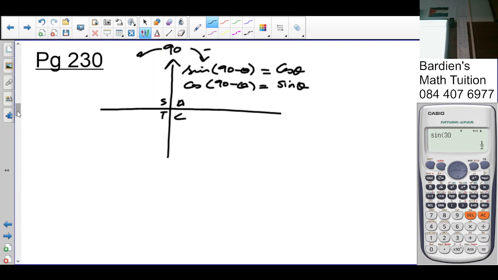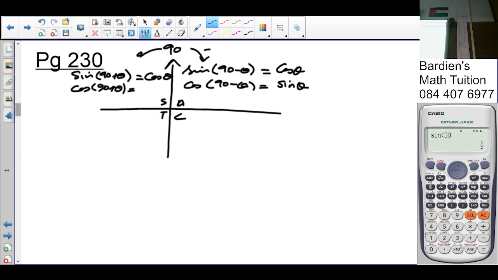You're going to the quadrant 2. You say 90 plus theta, sine of 90 plus theta. So 90 plus theta takes you in the second quadrant. Is sine positive or negative in the second quadrant? Positive. So but it changes to cos of theta.